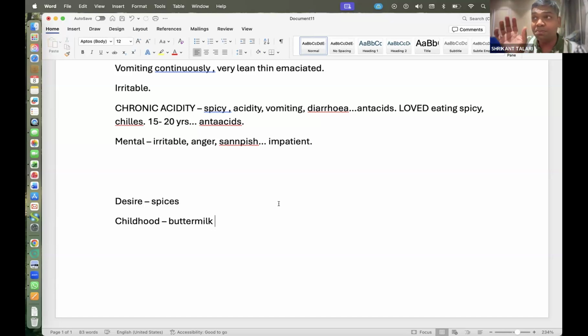Now those symptoms predispose the patient to a particular disease, and that predisposition, if it is complemented by external factors, like in this case the external factor is constantly eating spicy food, then the patient will start developing disease. But the core is that we have to focus on the inherent genetic symptoms.